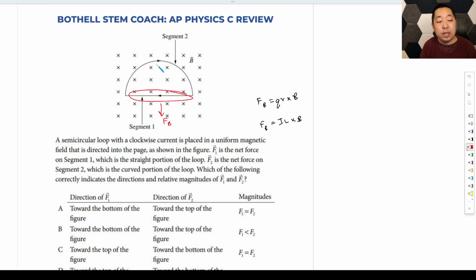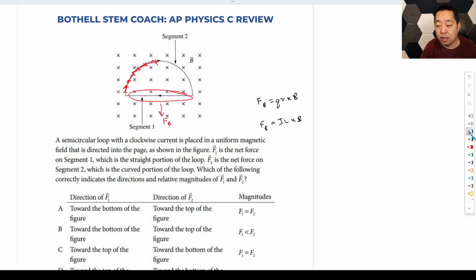Now we have this part here, which is a little bit tricky because the IL cross B is going to vary if you think about the contributions. So with the currents, we have to break it into segments, almost like Biot-Savart, but then just think about the right-hand rule. Our finger's going up into the page.